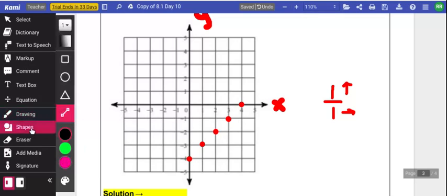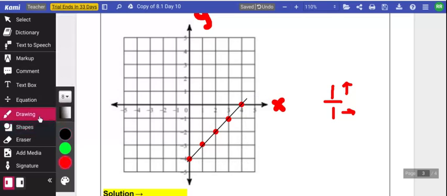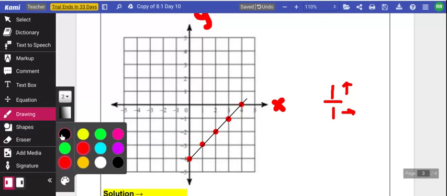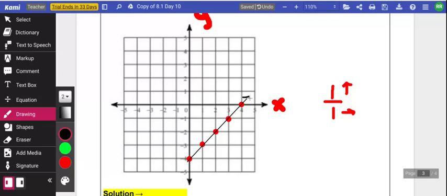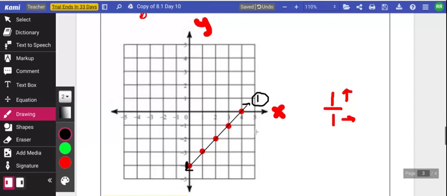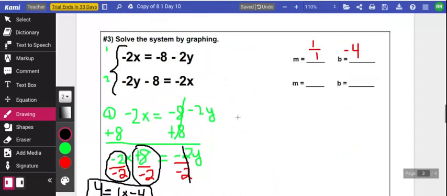Okay, so it's insert line, click, and drag to connect the lines. On the end of the line, be sure you put arrows to show that the line continues forever in both directions, of course. And put a little 1 and circle it. This is line 1 that comes from equation 1.